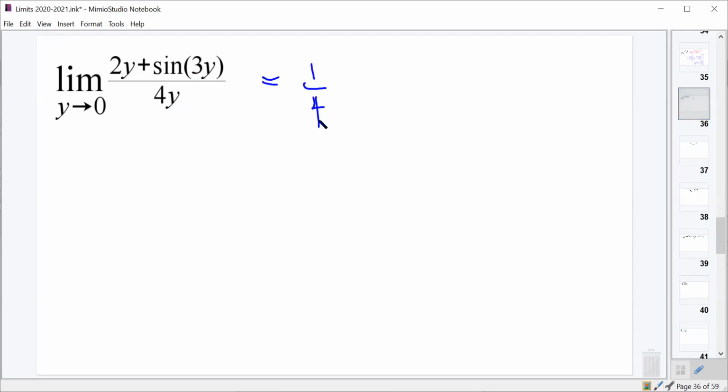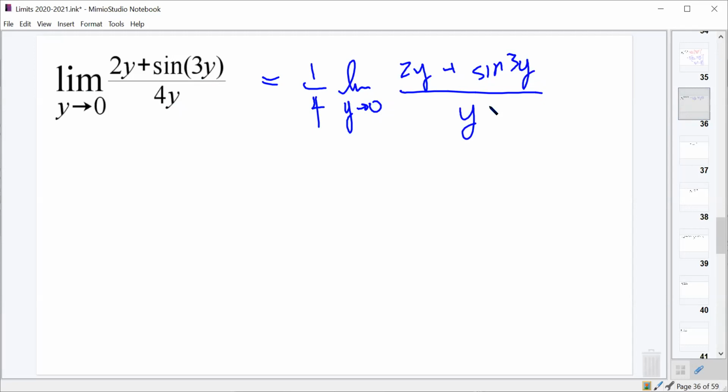So sure, we'll do that. We got 1/4, and now we got the limit as y approaches 0 of 2y plus sine 3y over y. So that's a start. But what's the other issue we've got with this one? It doesn't just have the sine of something over a variable, does it? It's got some extra stuff in there.